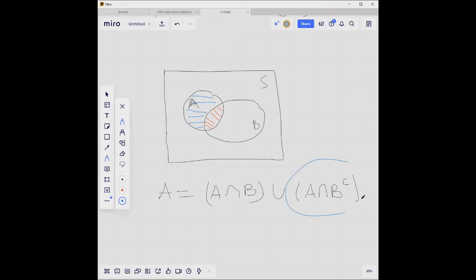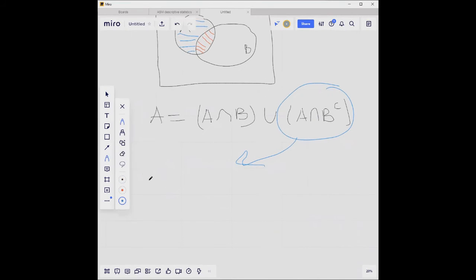All right, let me show in greater detail why this blue region is defined as A intersection with B complement.